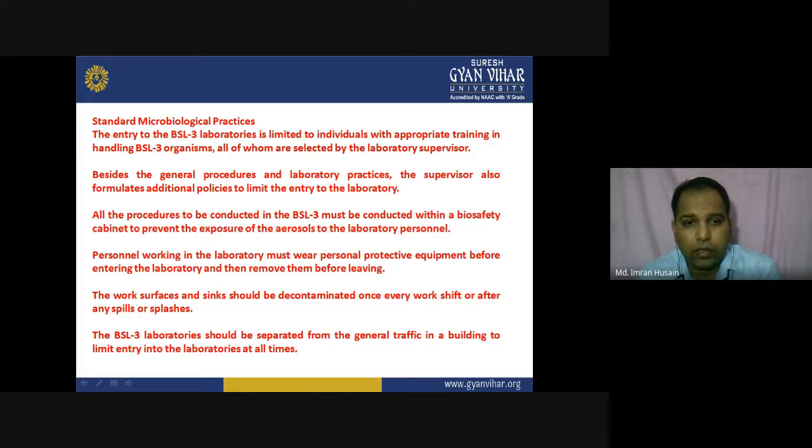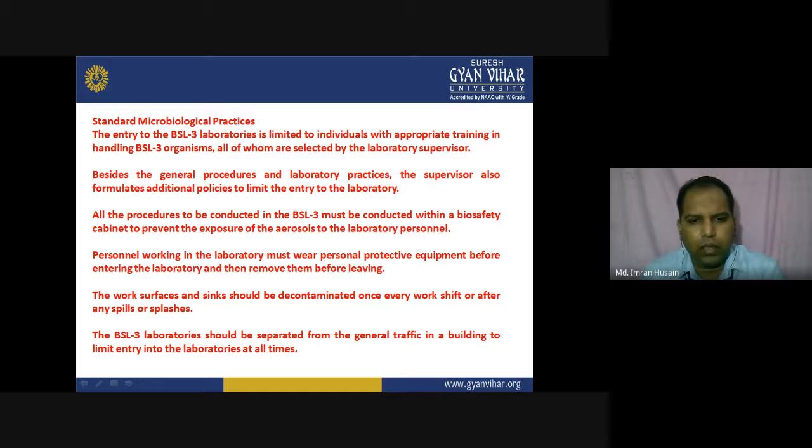The work surfaces and sinks should be decontaminated once every work shift or after any spills or splashes. It is also done after the completion of experimentation. Whenever you are working there and you complete your task, you are always supposed to clean and disinfect the work area. Okay, it should always stay clean.